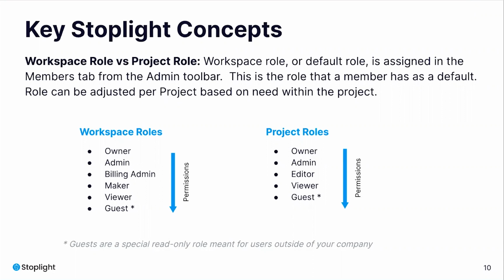Project roles determine who can make changes to and manage settings at the individual project level, who can manage member settings at an individual project, and who can access and view individual projects. So project roles are focused on access for managing settings and changes at an individual project level.